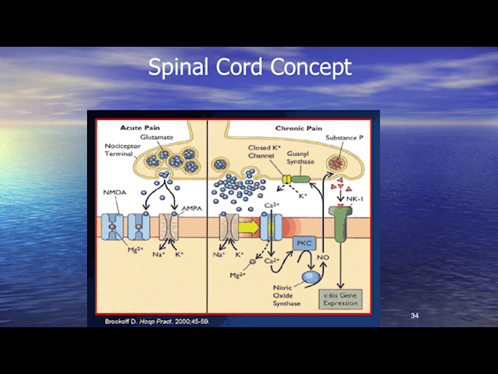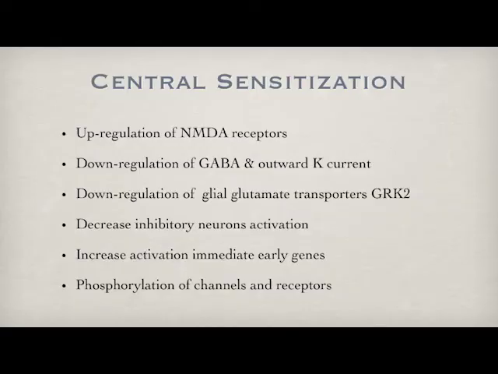We'll pass this. What happens with continuous stimulation of the central nervous system, spinal cord and the brain? In the spinal cord, the NMDA receptors are upregulated, so the sensitivity increases and more of these receptors can be recruited. The GABA receptors are downregulated.